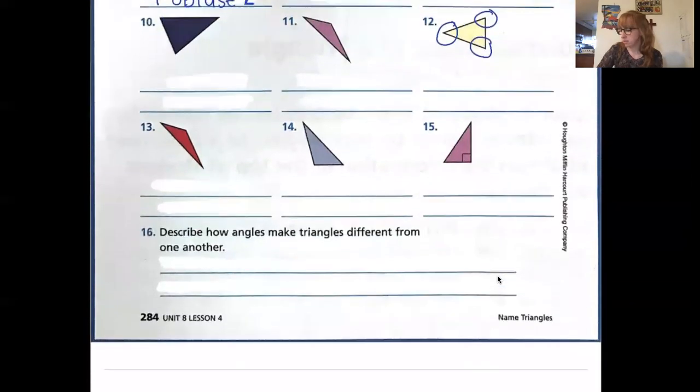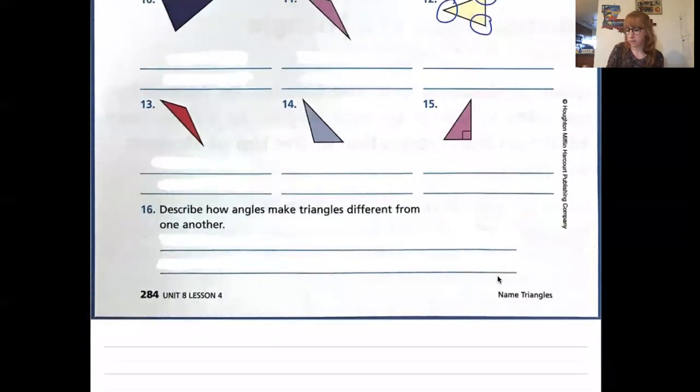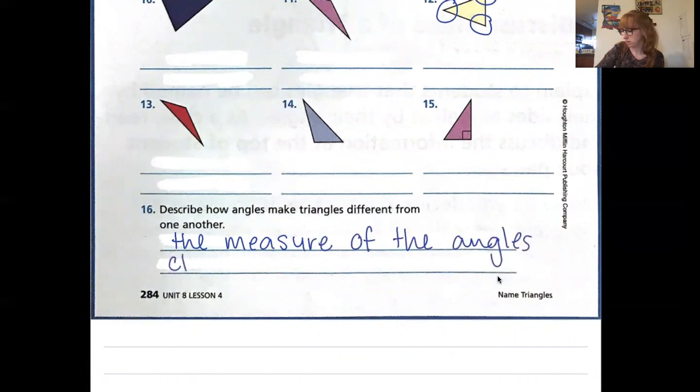So for this answer down here, I would say something about the measure of the angle changes the name of the triangle. Angles change the name of the triangle.